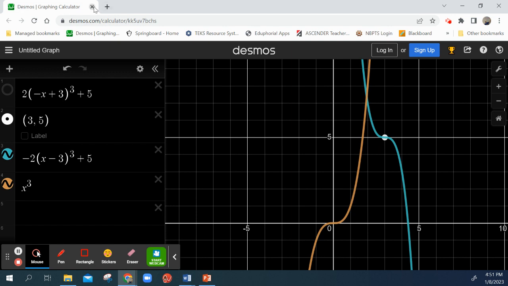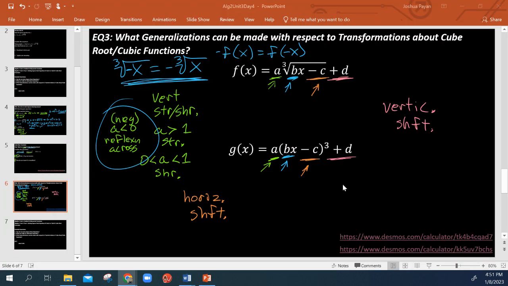So nothing really new other than these functions are odd. Having negatives associated directly with the expression x, I'm not going to say it doesn't really change anything, but we can easily factor that in because they're odd functions.